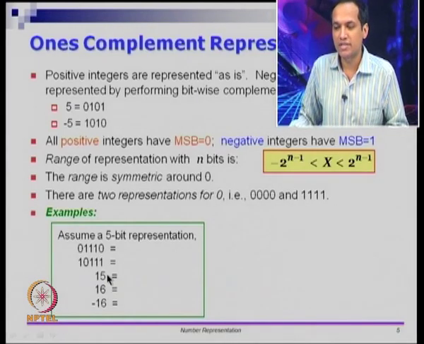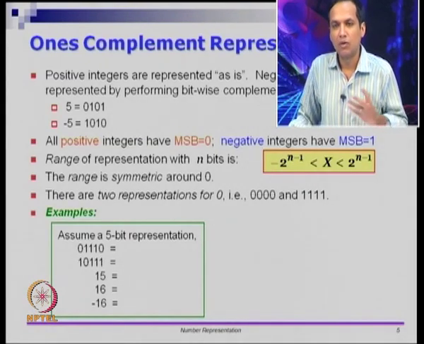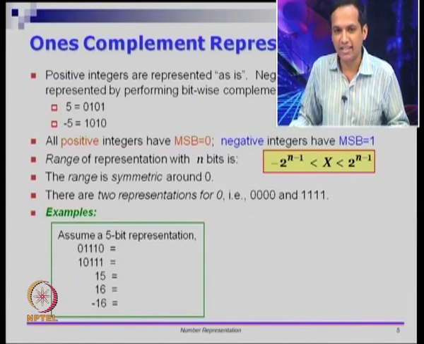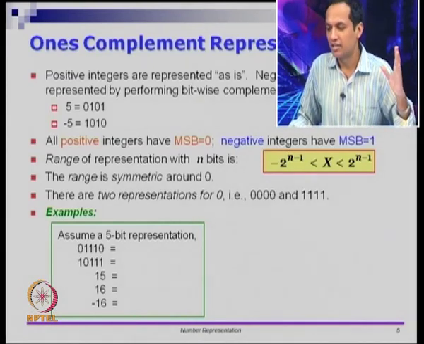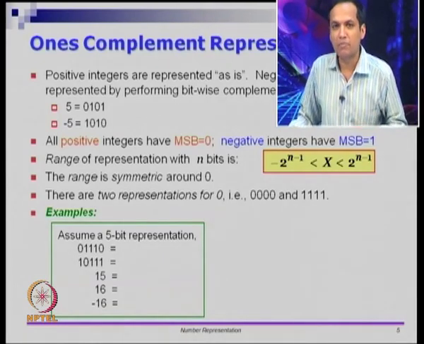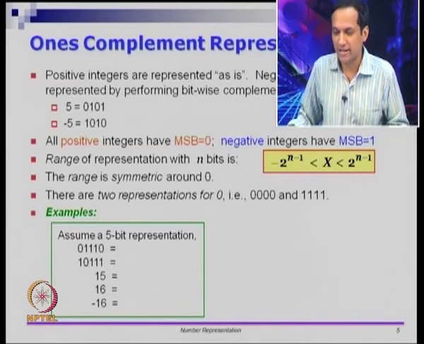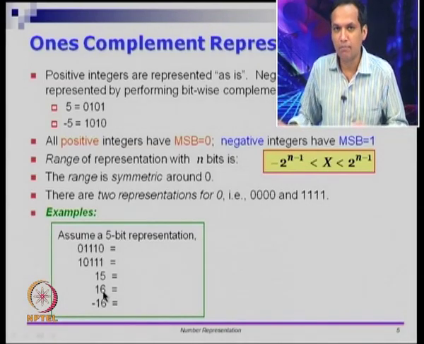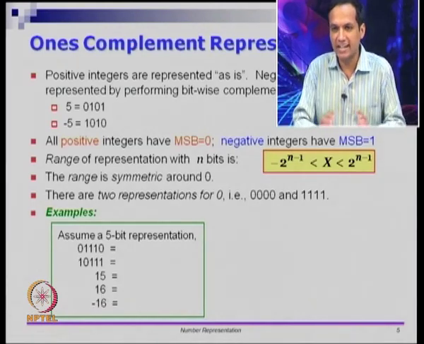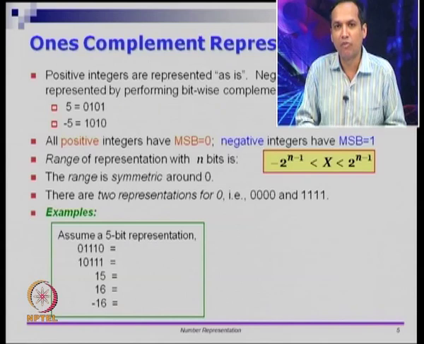Now, let us look at how to represent the positive number 15. Positive number 15 is 1111 in unsigned binary, and if I put a 0 in front of it, it is 01111, and that is okay for a 5-bit representation of 15 in 1's complement form. However, let us look at 16 and minus 16. 16 in unsigned representation would be 1 followed by 4 zeros.